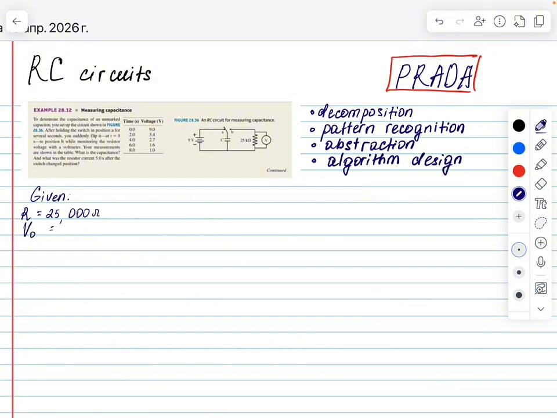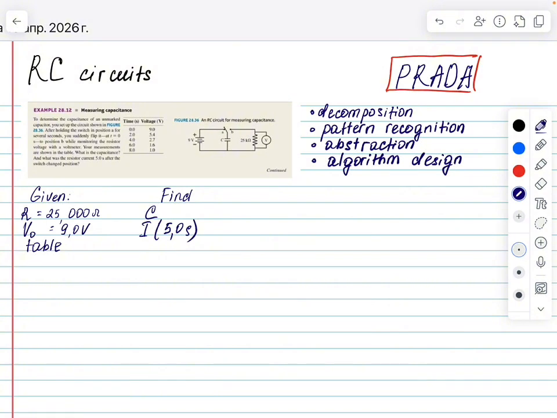The initial voltage, it's 9 volts. Also we have the table here with the time and the voltage. We will use it in the future. And what we need to find is C, and also the current after 5 seconds.